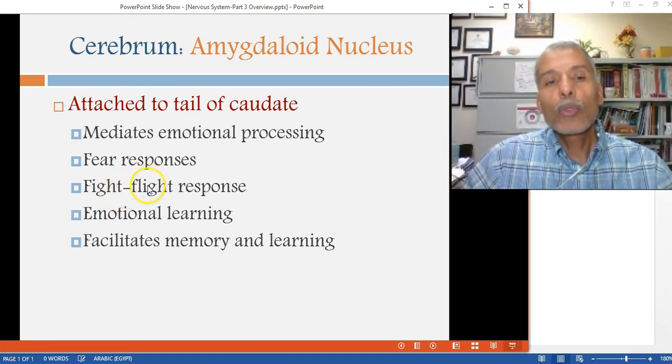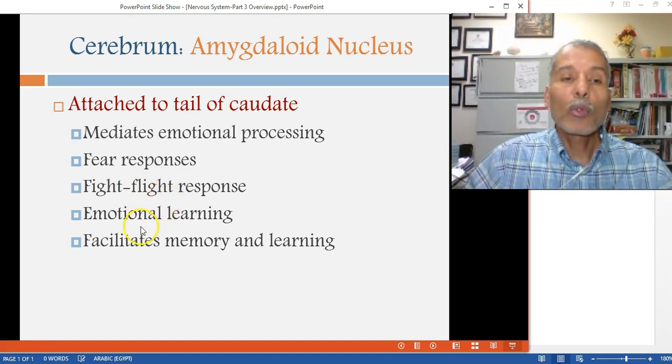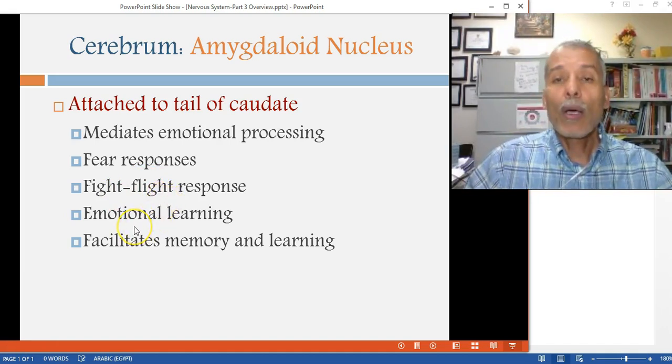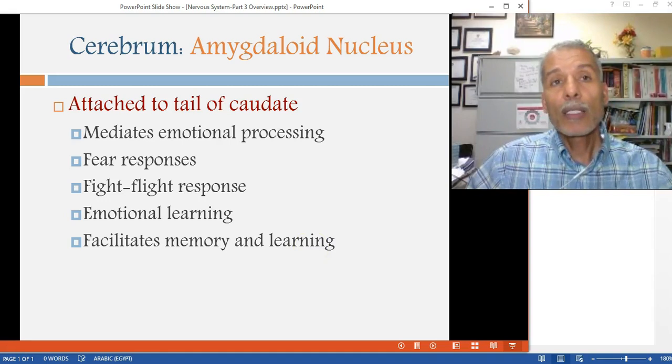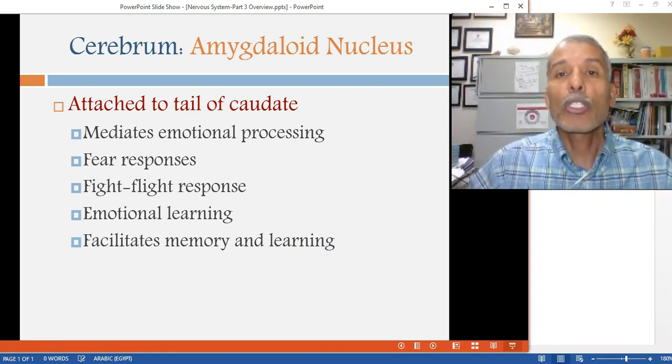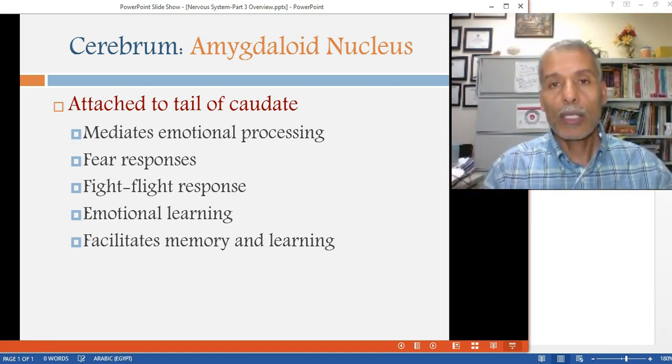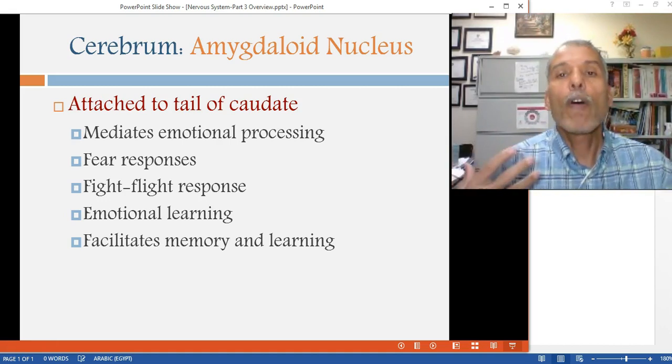It enables you to develop the fight or flight response, and it is critical to emotional learning. It is critical to motivation. It facilitates memory and learning, especially when the information or the event you are dealing with has a high personal importance. Like personally, you feel involved in it.